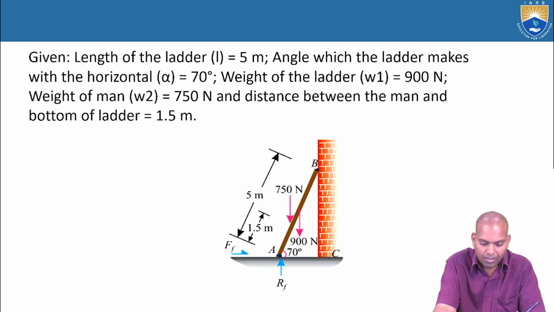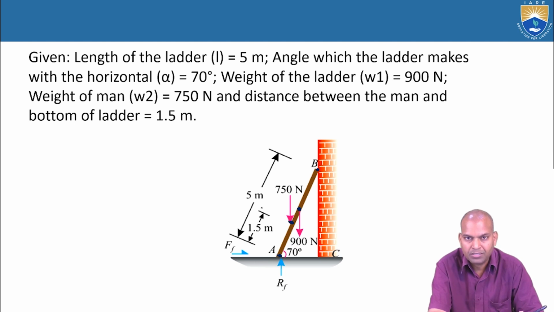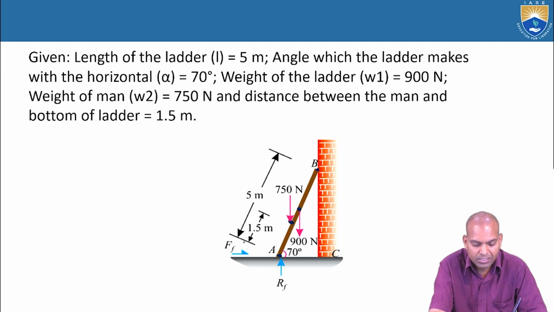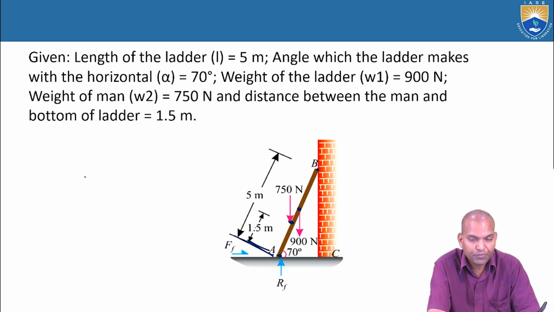The 900 newtons acts at a distance of 2.5 meters along the ladder, and the 750 newtons of the person acts at a distance of 1.5 meters from the bottom of the ladder. It is measured from the bottom, not the top.